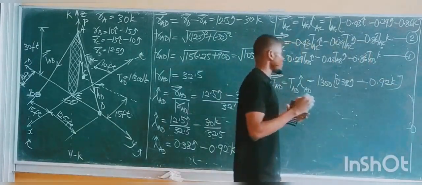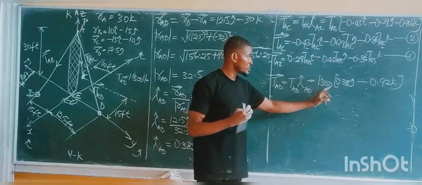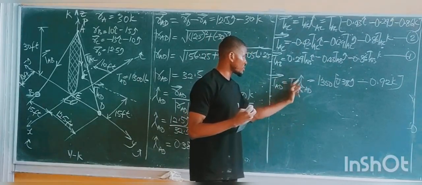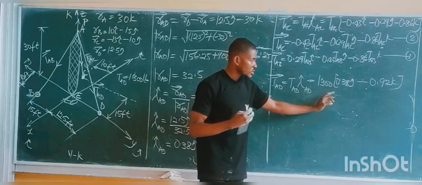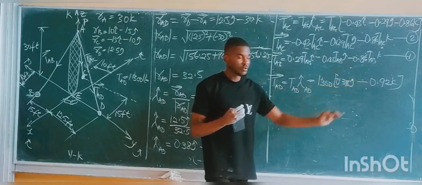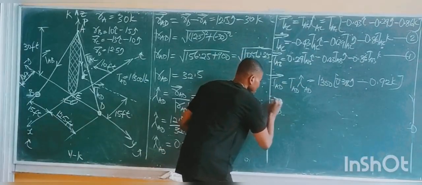For cable AD, the tension was given to us, so we put the tension into the formula. In place of the magnitude of the tension TAD, we put 1,300 pounds multiplied by the unit vector.